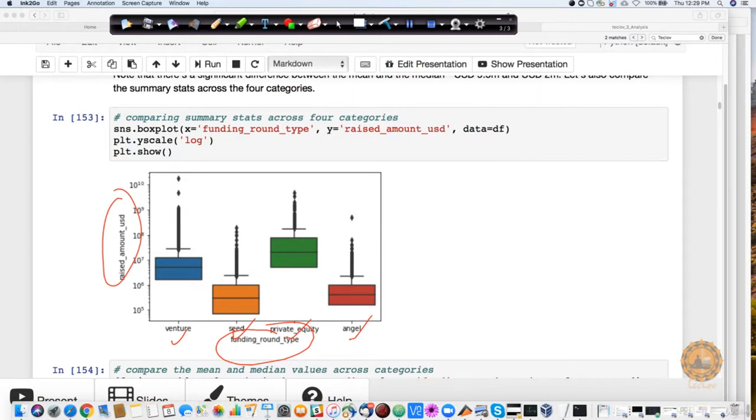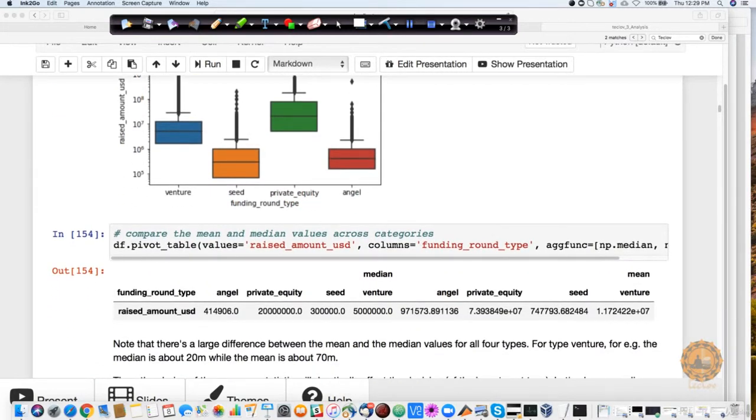You can notice that seed investment is happening lower, then angel investment, then venture, and then private equity. If you know how startups work, it makes sense. But for us, the main thing is to look at these outliers. We do have a lot of outlying values, which tells us that we should definitely go for the median.